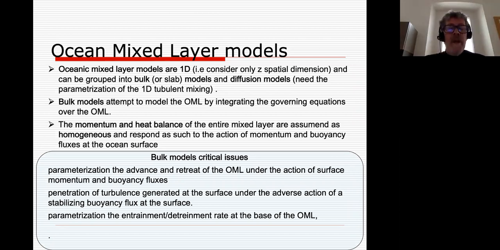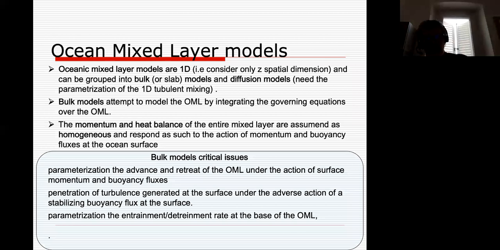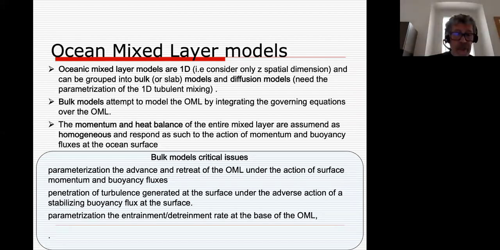We have to parameterize it. We cannot describe it directly through the equations, but we just parameterize the advance and retreat of the ML under the action of surface momentum and buoyancy fluxes. And this means that we have to take into account the penetration of turbulence generated by the surface under the adverse action of stabilizing buoyancy fluxes at the surface.